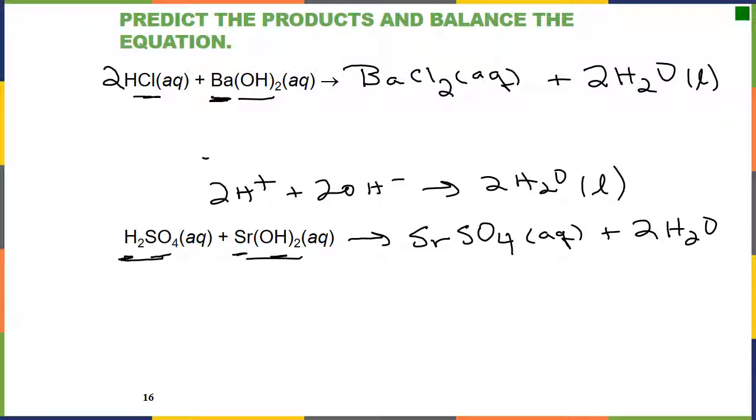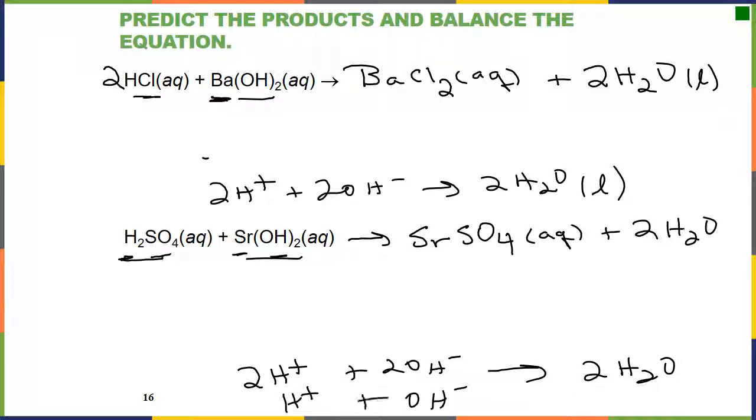We could take and break these up and write a total ionic and a net ionic, but mostly you're going to be only asked to go to the net ionic on these guys, which would be 2H plus 2OH minus goes into 2H2Os. If you want, you could do one instead because it's the same ratio.